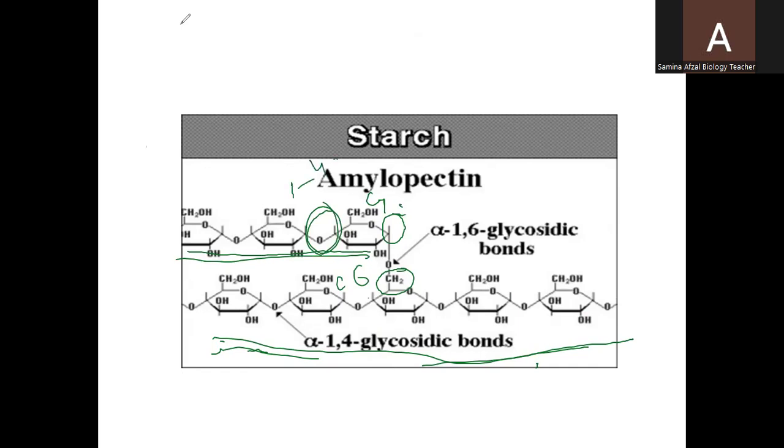The point from where a branch is arising will make a 1,6 glycosidic bond, and inside the chain the formation will have 1,4 glycosidic bonds. In this way, two types of bond formation take place to form one amylopectin molecule. This is the amylose type of sequence, but this is the extra sequence which makes it a branched structure. So starch has amylose and amylopectin.